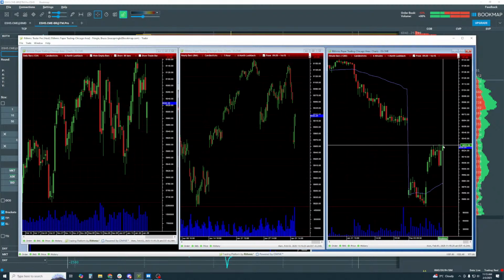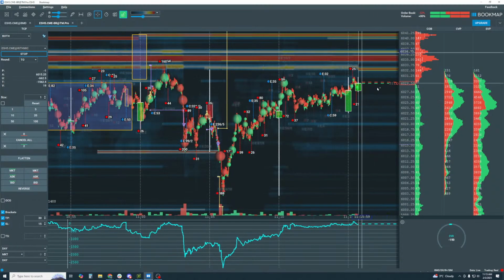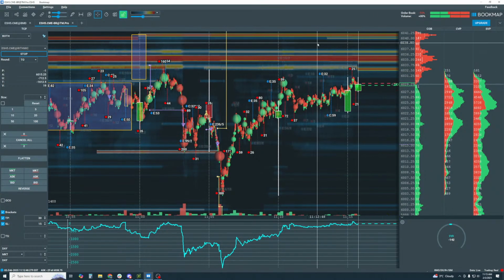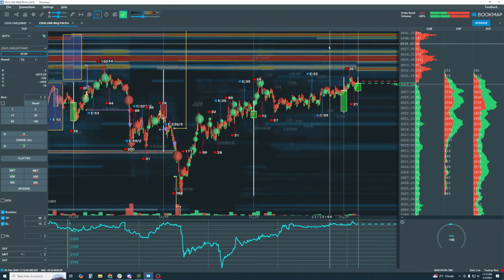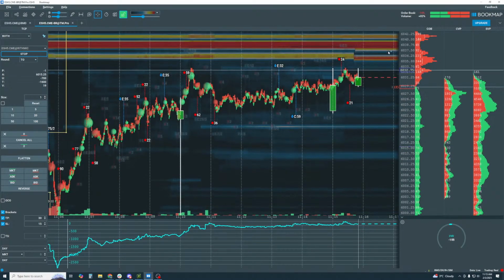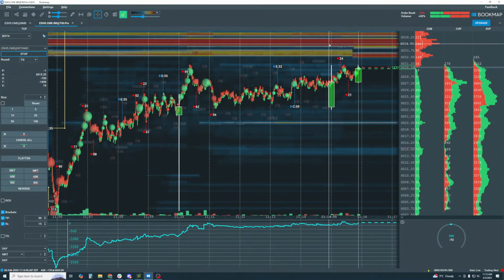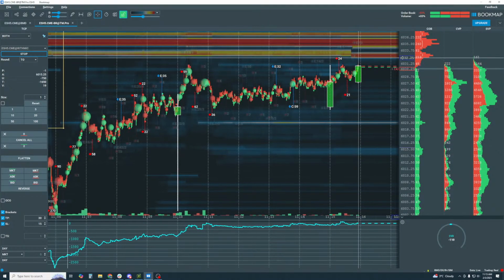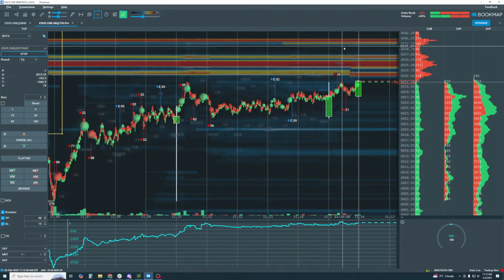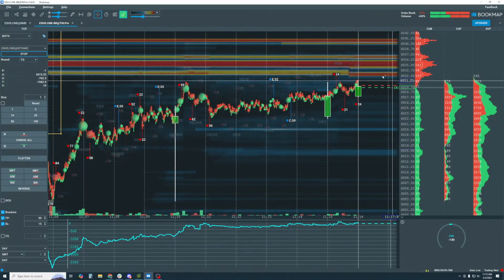This usually means follow through. Typically, I mean, all these wicks up in here, and we can get back up here again on buying pressure. Then we'd look for follow through to the upside. Yep, it is gonna squeeze.